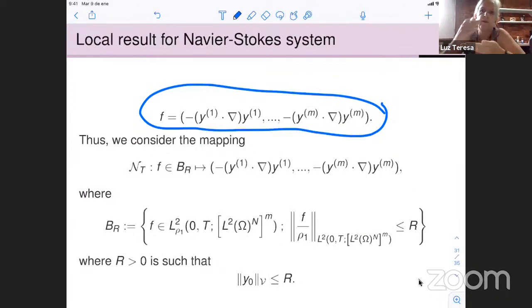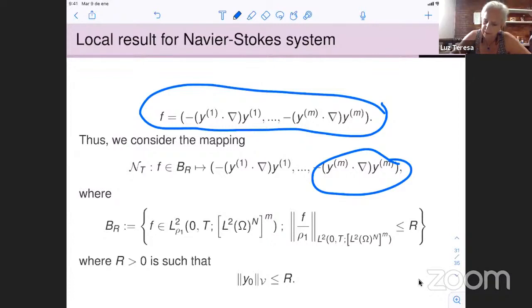In fact, in order to have a fixed point, you cannot only work with all these nonlinearities, but you can modify your way and work in a ball.